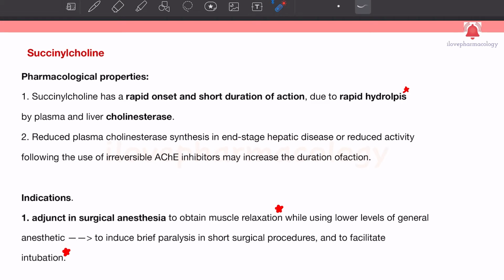So succinylcholine is used as an adjunct in surgical anesthesia, mainly to provide muscle relaxation while using lower levels of general anesthetics.